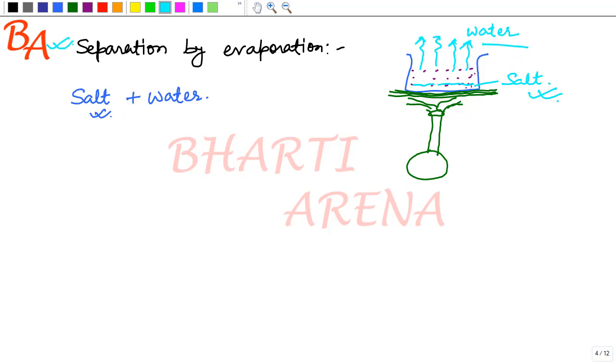In this method, that is by separation by evaporation, there is one component which is non-volatile and another component which is volatile. So during heating, the volatile component will be evaporated and the non-volatile component will remain in the container. So by this way we can separate salt from water from its solution.